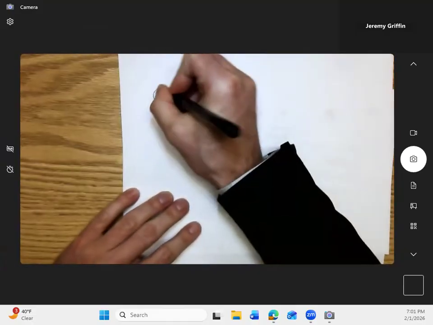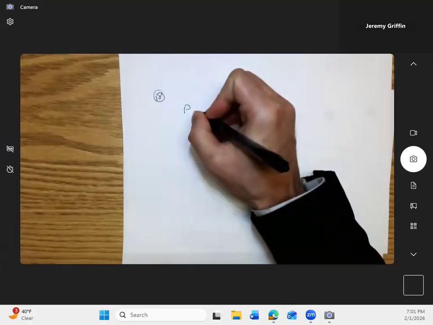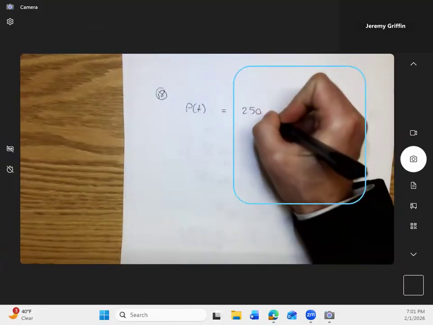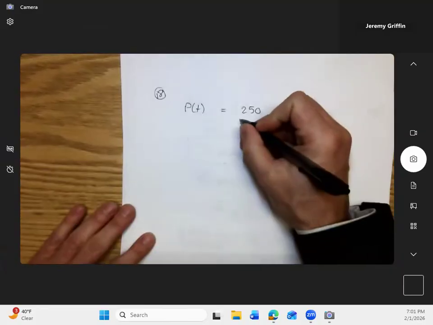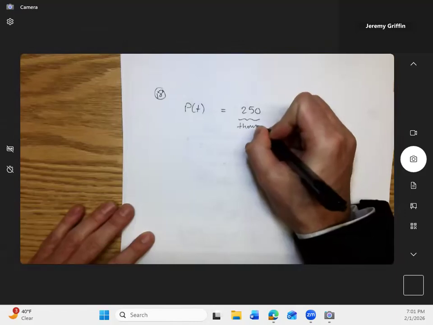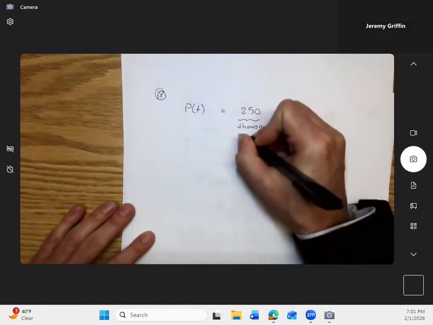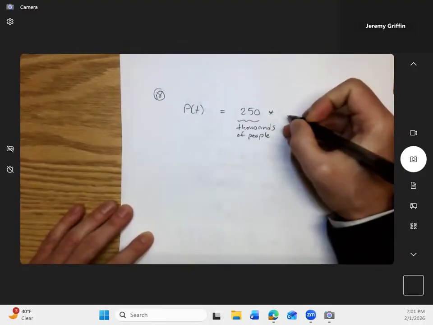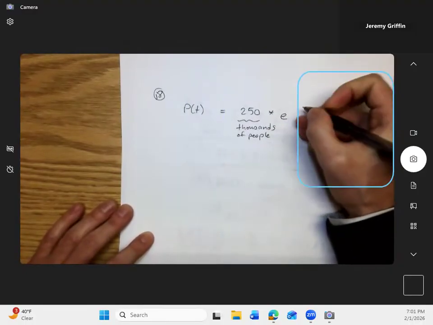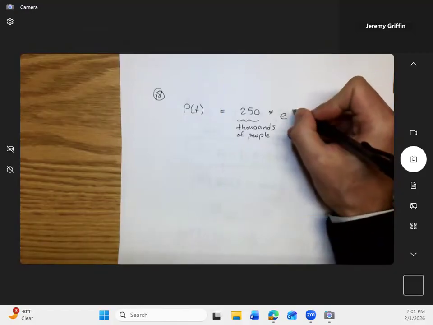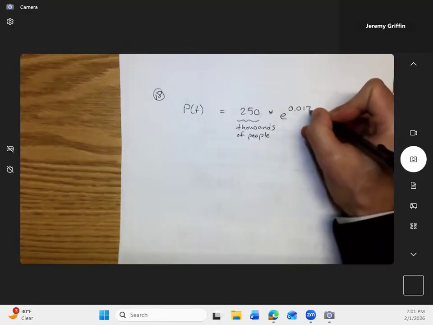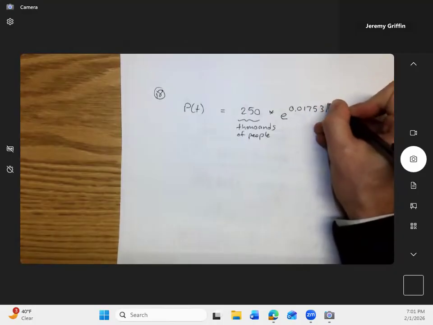So 18, they're telling us the population as a function of time, I'll call it P(t), is 250, and this is in thousands of people. Okay, so that's the unit, thousands of people. And we're doing times e to the power of 0.01753t, and then t for time.